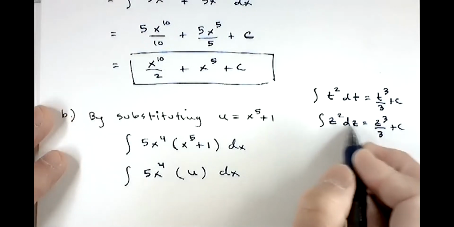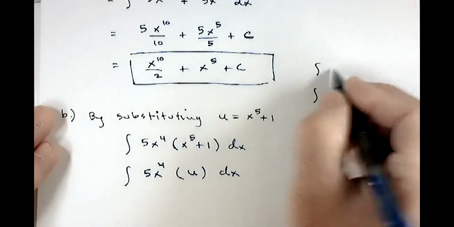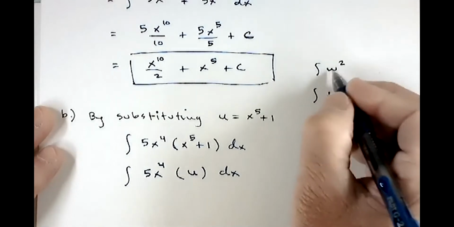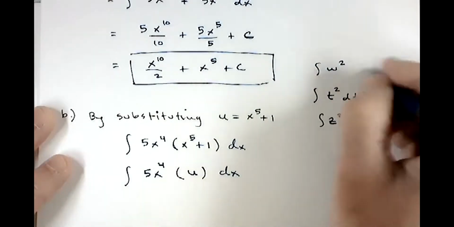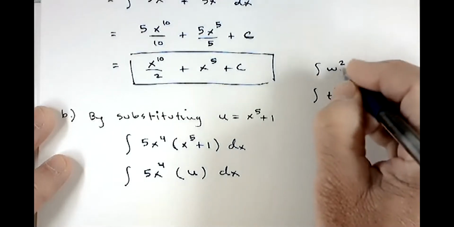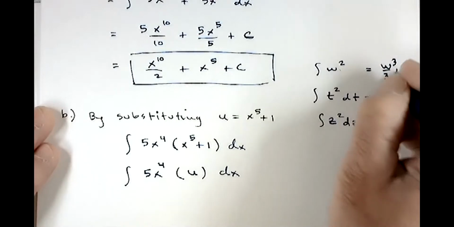And then more about what we call the differential, the little d something. It is kind of important. If you were to write down the antiderivative of w squared, I know you probably mean find the antiderivative with respect to w, meaning w cubed over 3 plus c.